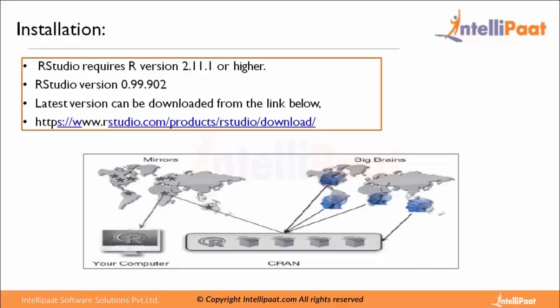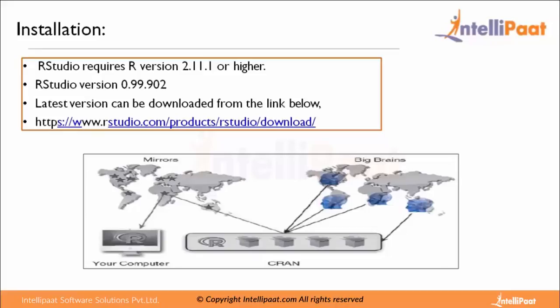The latest is 3.4 something. You can download any version, but essentially it is required to be higher than 2.1.1. For RStudio, the version required is 0.99.902 or the latest one. So that is the basic requirement for R programming.